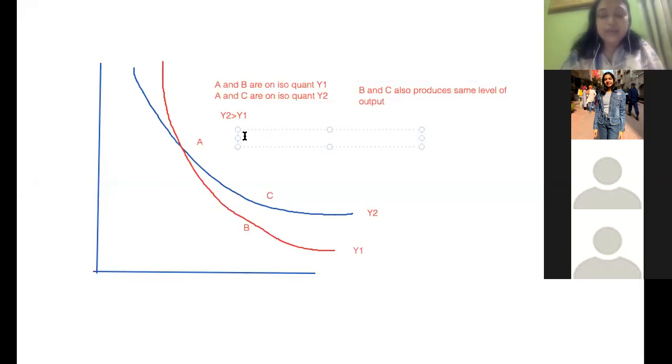So that means the isoquants can never intersect. So what did we learn?